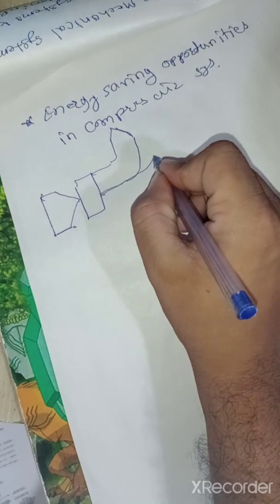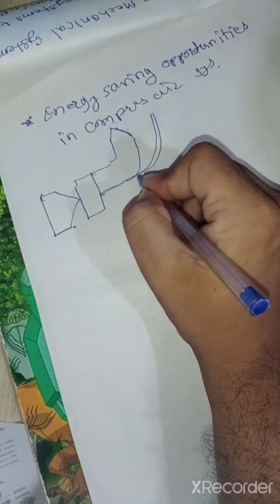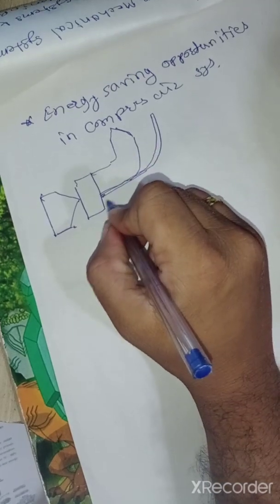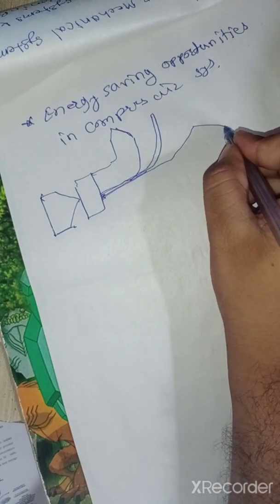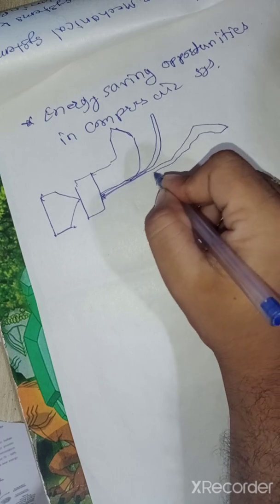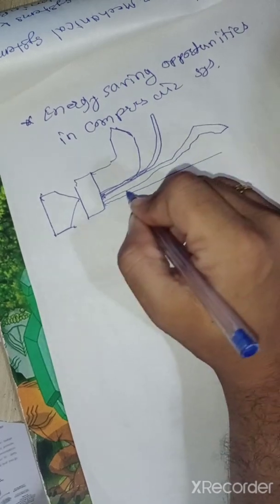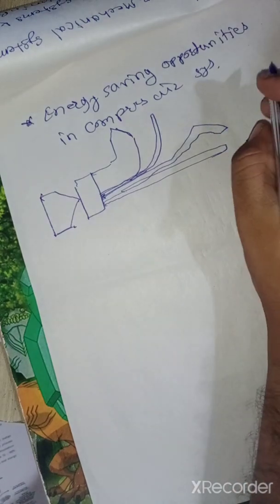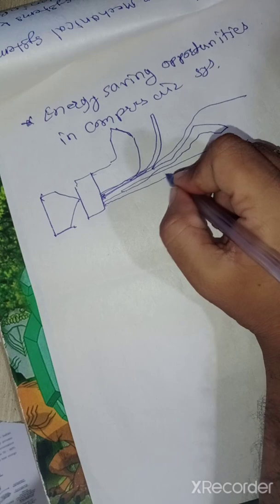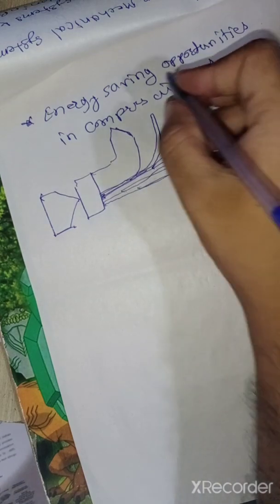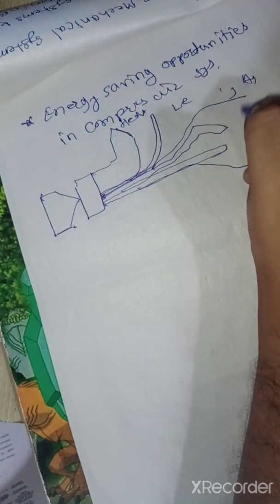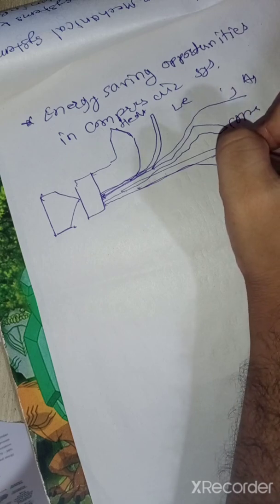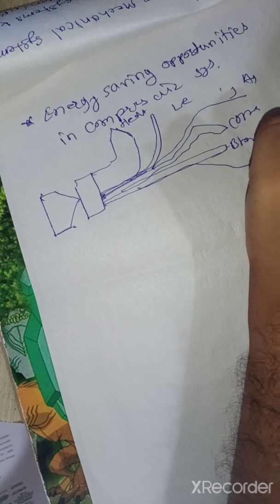This is percentage of output. So waste heat, this is leakage, this is actuation, this is conveying, as per percentage blow, and this is tools, that is air, hose, etc.